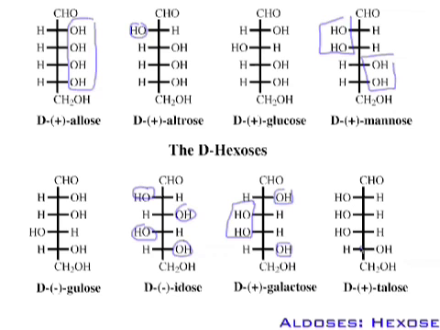Notice it is these chiral centers that make you a D sugar. So, you're responsible for all these structures. And it's interesting that in the biosphere, D-hexoses are probably by far the most abundant monosaccharide sugars.